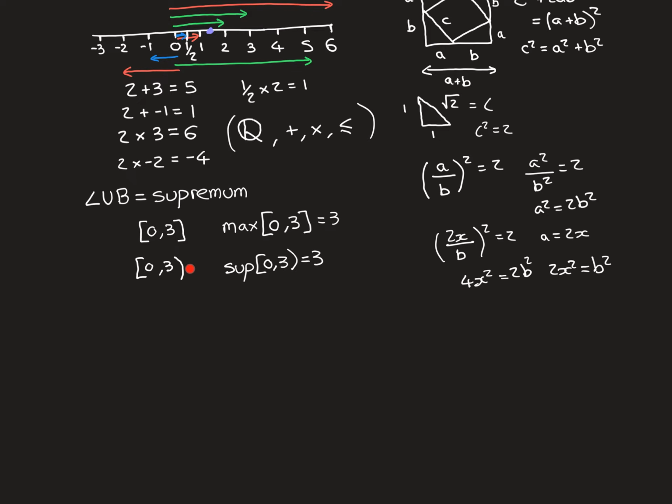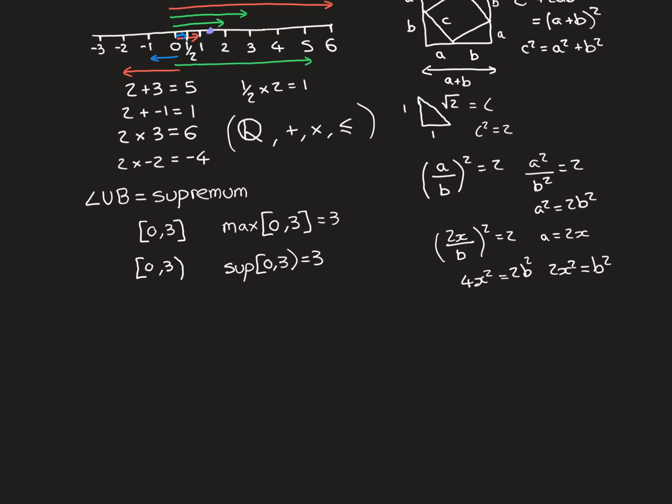If you now consider this set instead, which again is the interval from 0 to 3, this time, however, it includes 0, but it doesn't include the point 3, so it's all the rationals lower than 3, and of course you can get infinitesimally close to 3 within the rational numbers, but it doesn't actually include the element 3 itself.